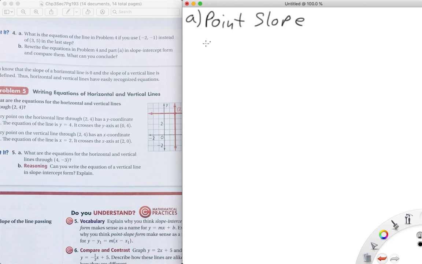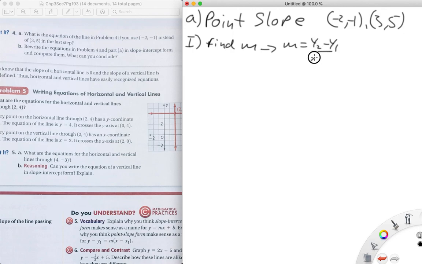First step, we have points negative 2 and negative 1 and 3 and 5. First step, find the slope. We know that slope is equal to y2 minus y1 over x2 minus x1.